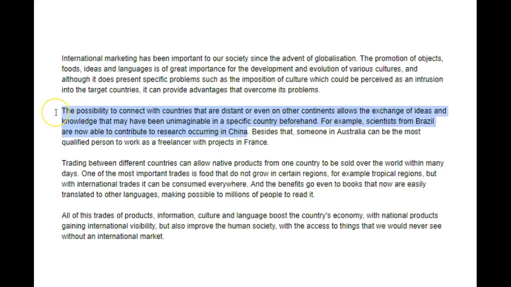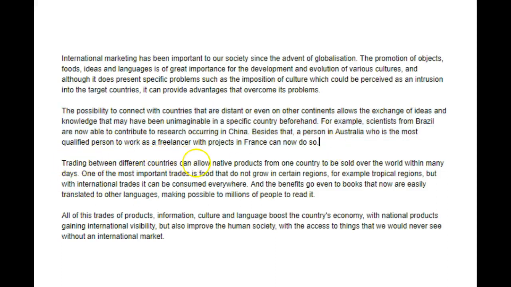Yeah, but this is now talking about international communication and not international marketing or the international market. So we've deviated from our subject. Besides that, a person in Australia who is the most qualified person to work as a freelance with projects in France can now do so. But once again, this is talking about communication and not about marketing or the market. So let's try and stay on topic.